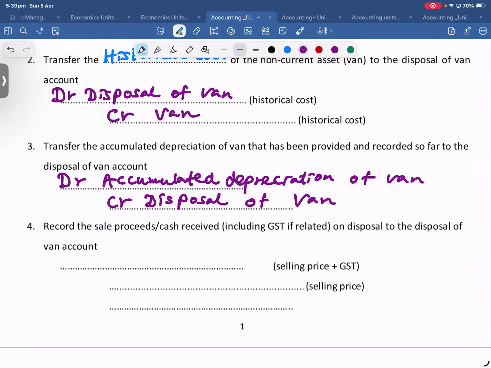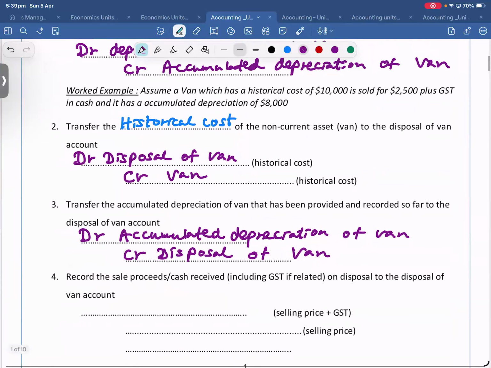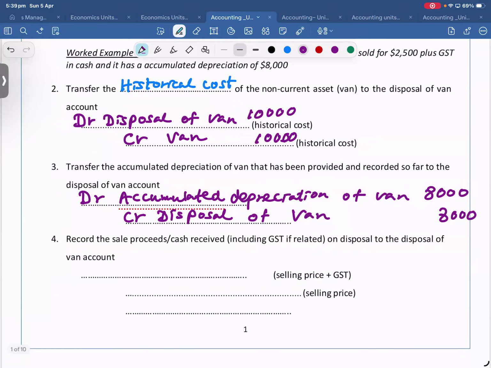Okay. Sorry, I should have written the amounts. So shall we write the amounts here? 10,000 here, right? And this one, how much? 8,000. What element is disposal of van? That's why I told you, it's neutral. It's temporary. Neither.